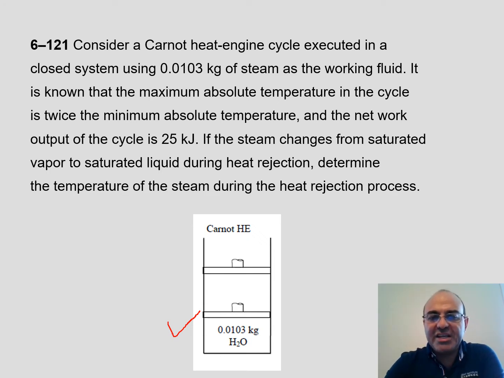If the steam changes from saturated vapor at the initial state to saturated liquid during heat rejection, so when it's rejecting heat to the surroundings, the steam changes from saturated vapor on the right side of the dome to saturated liquid on the left side of the dome, on the PV diagram or TV diagram.